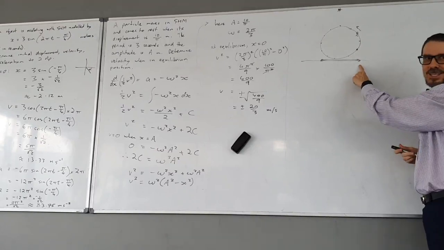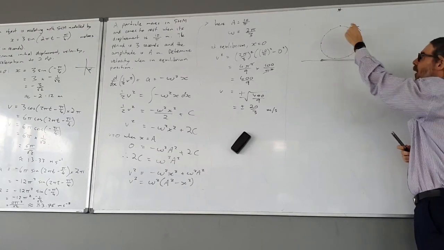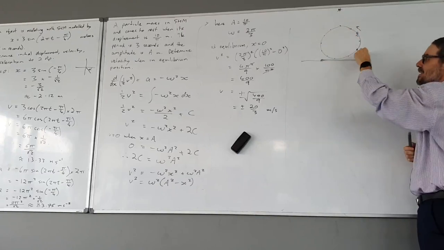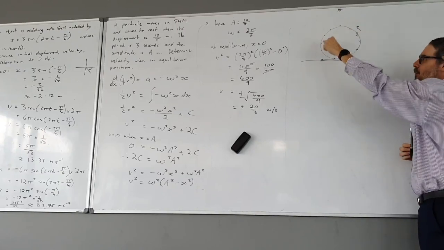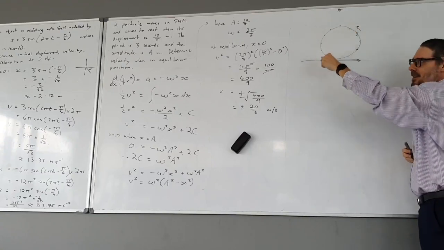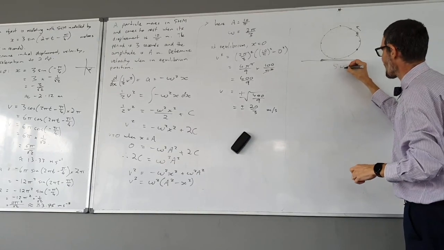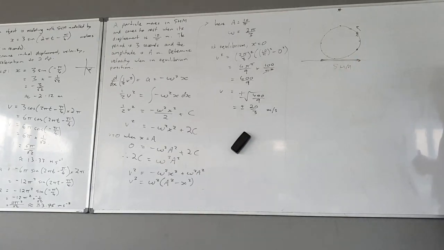The shadow's position corresponds to the x-coordinate, the horizontal coordinate, as you move around this circle, which means it corresponds to a cos function, which means your shadow is moving in simple harmonic motion. A linear projection of something moving in a circle is simple harmonic motion.